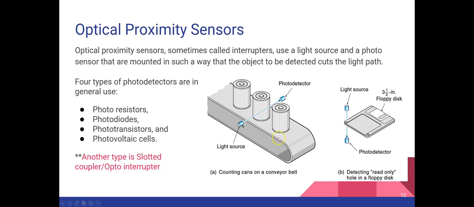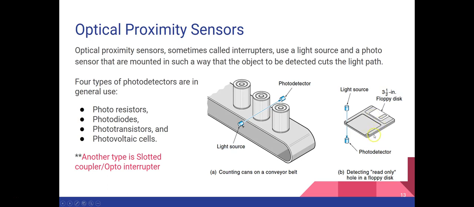You see that this is a conveyor belt, and these are the cans which are moving, and with the help of a photo detector and a light source, the machine is able to detect how many cans are passing through the conveyor belt. And further, if digital circuits are attached, then you can actually see the number of counted cans on the computer.